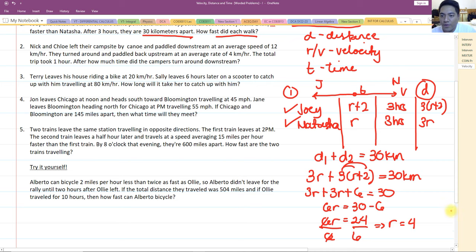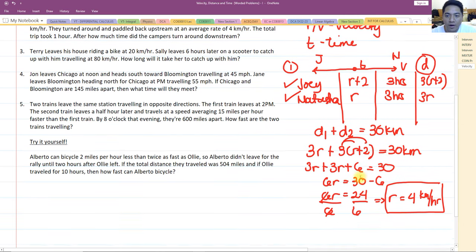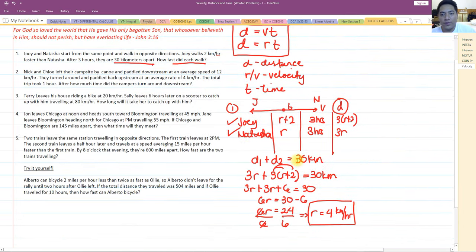So the rate of Natasha is 4 kilometers per hour. That is what we are trying to find, the value of r. And of course, if you know the rate of Natasha, we can also compute the rate of Joey, which is r plus 2.